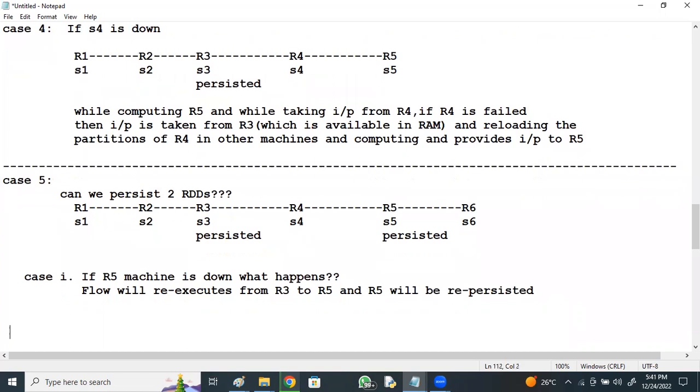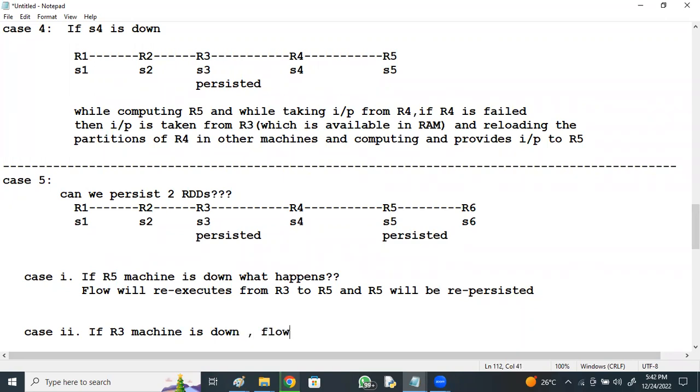Understood, right? In this case 2 again, if the R3 machine is down, it depends on where you are now, meaning in which RDD you are working.